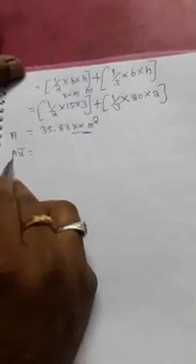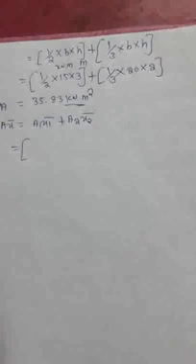A x bar is nothing but the area into x bar, the centroid distance of a diagram. So the formula is A1 x1 bar plus A2 x2 bar. A1 is 45 by 2, which is 22.5, the area of the first diagram.